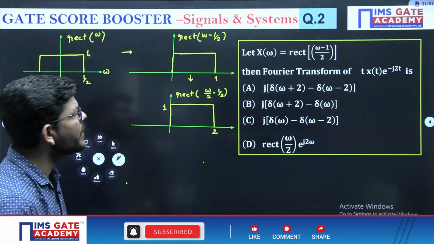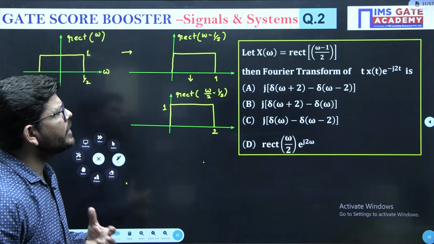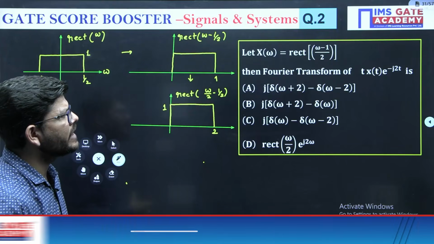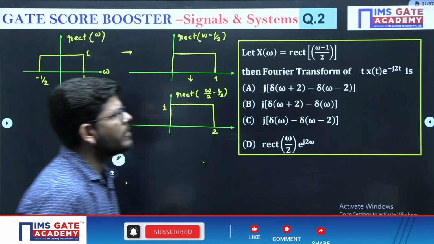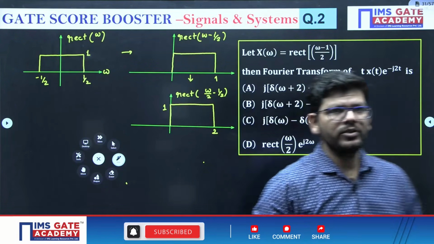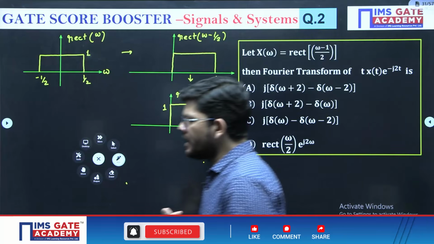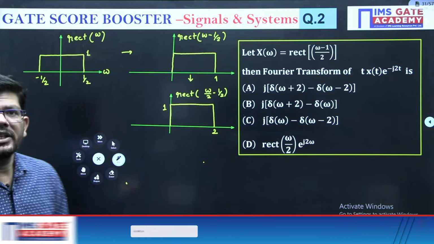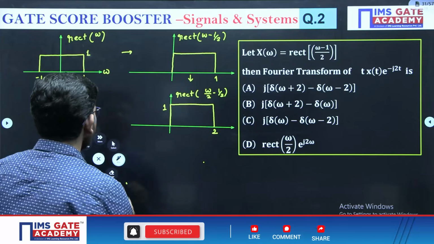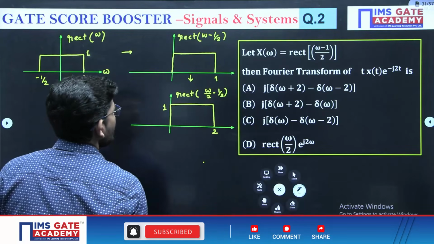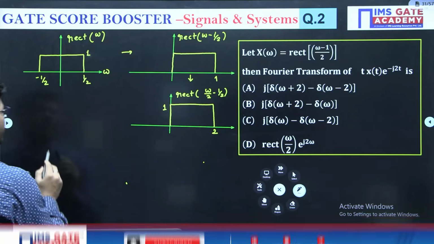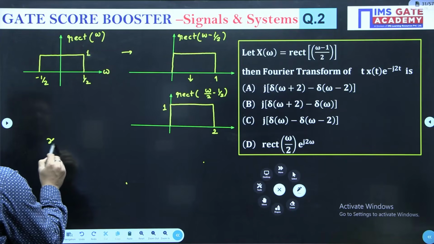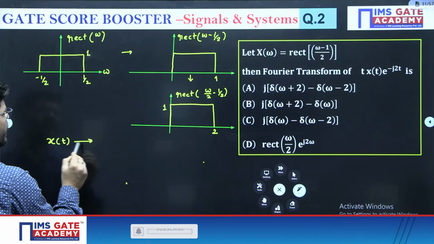Now what we have to do, they are asking what is going to be the Fourier transform of t x(t) e to the power minus j2t. So we are multiplying with time, and not only that, we are going to shift it also. Okay, so see, let's suppose that you now have X(omega) in terms of waveform.